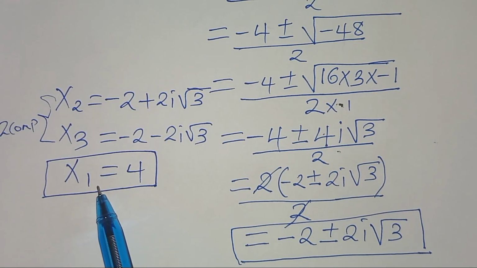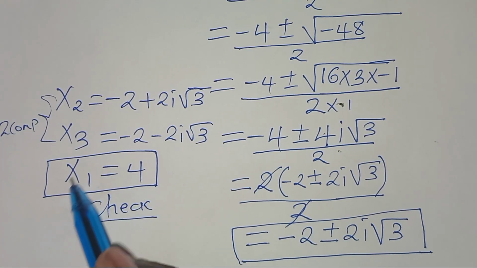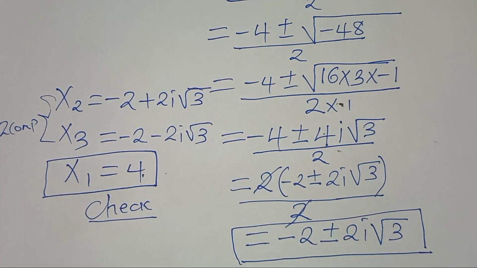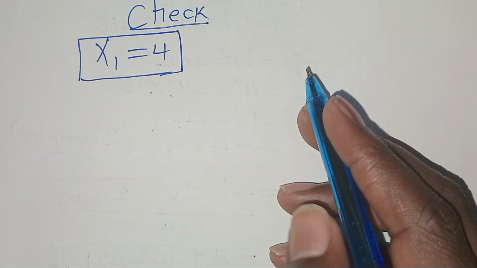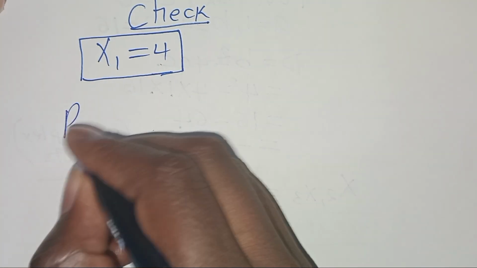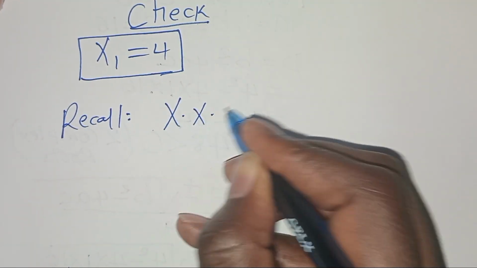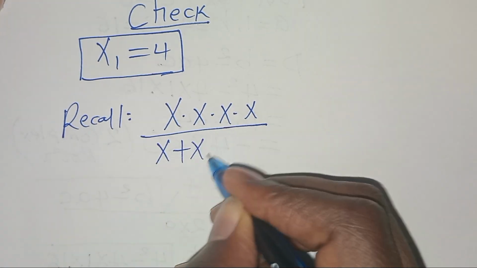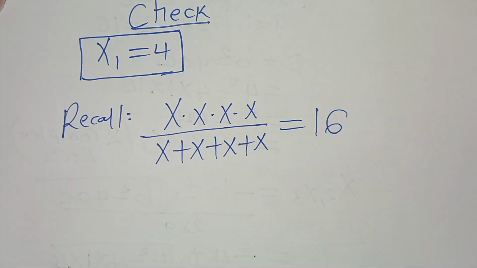Now let's verify, let's check if this real solution, which is x1 equal to 4, satisfies the equation. Now if you recall, we have that x times x times x times x divided by x plus x plus x plus x should give us a value of 16.